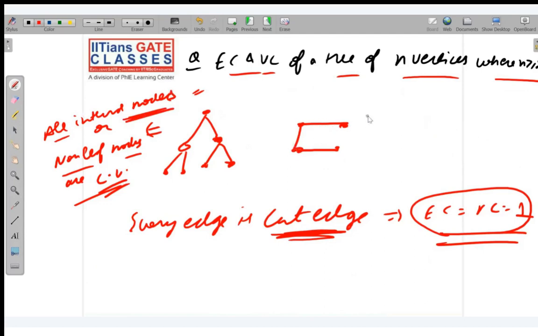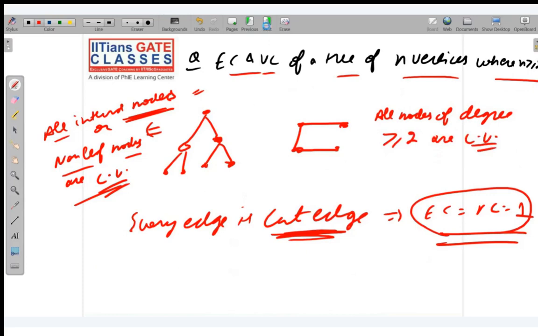So better is we will say all nodes of degree greater than or equal to 2 are cut vertices. That's it. Take snapshot. I will jump to the next slide.